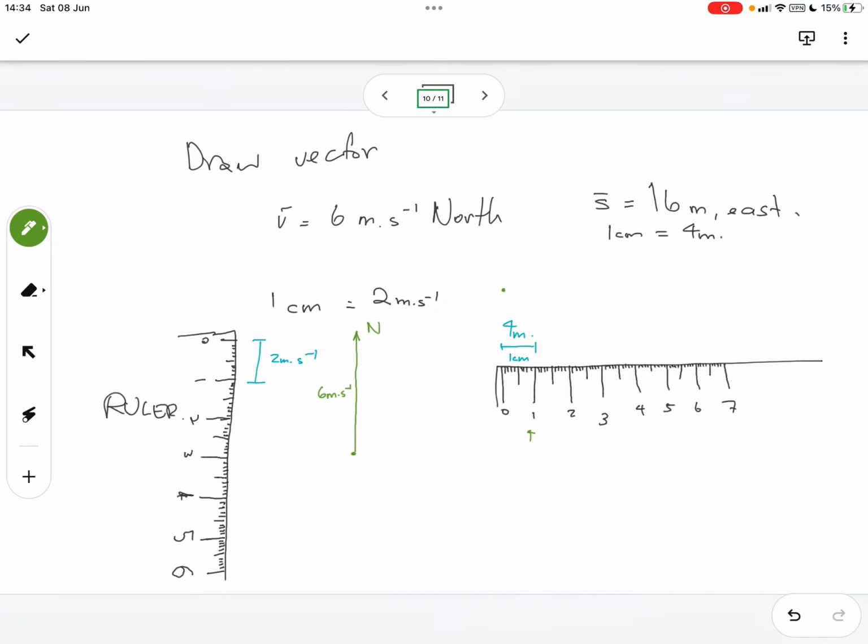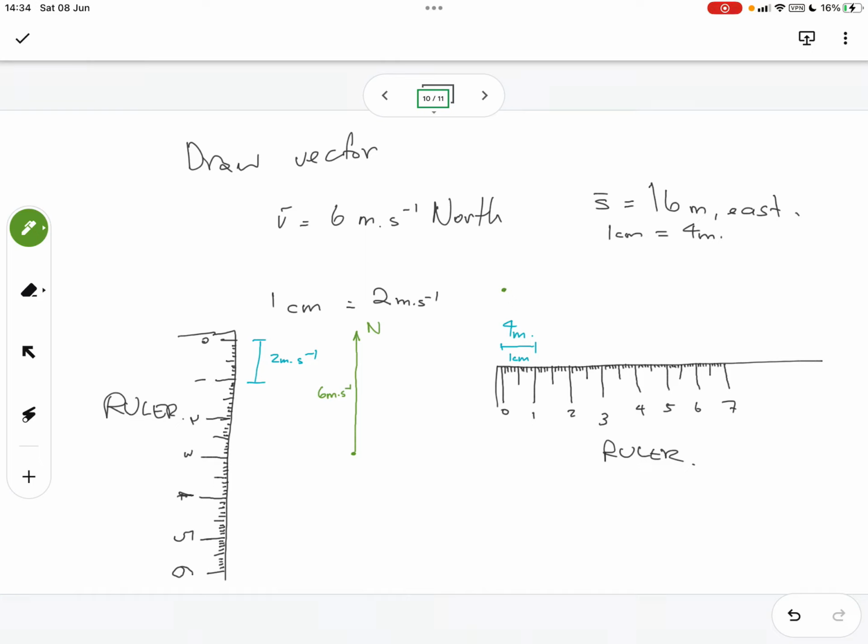How many times do we count on the ruler until we get to 16? How do we get the scale right? How do we get the measurement right to get to 16 meters so that it represents that vector?